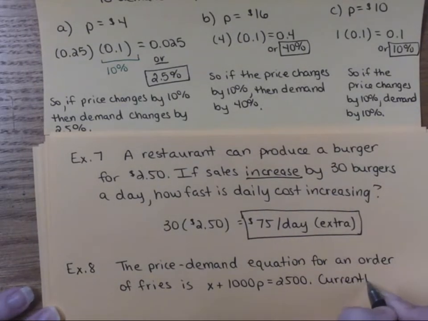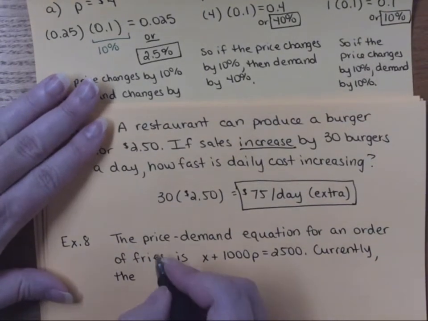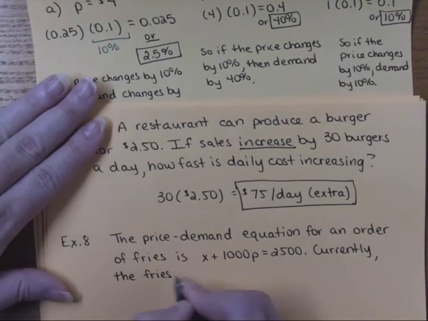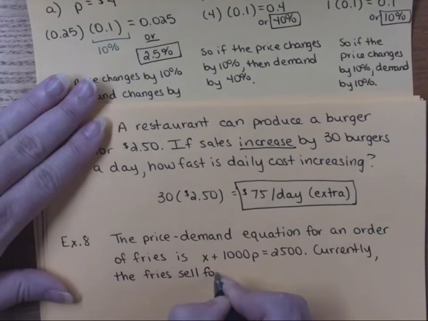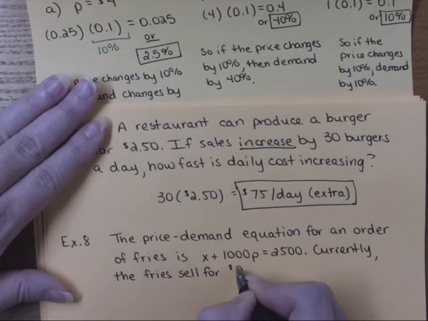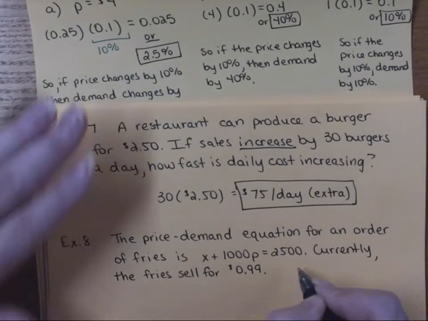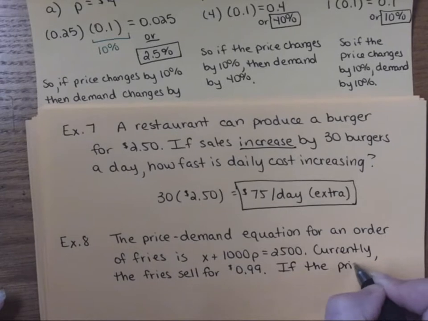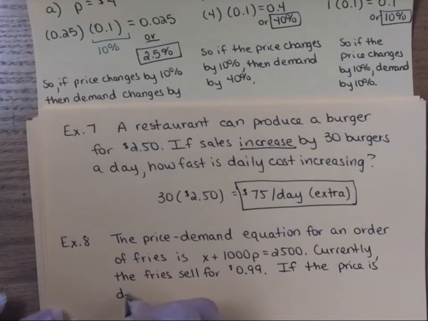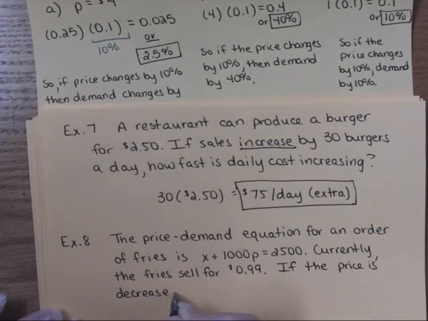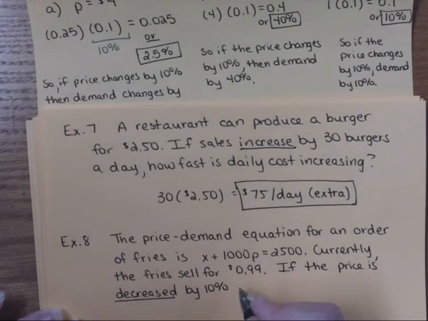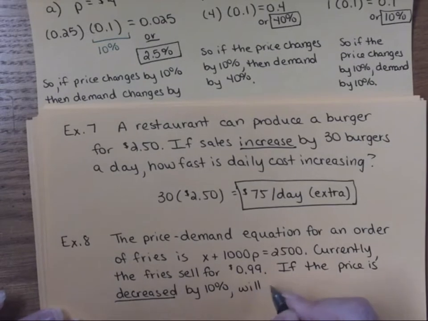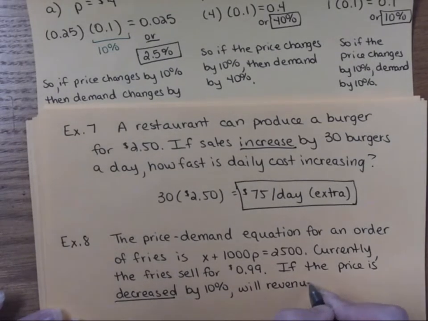And let's say that currently the fries sell for 99 cents. And so my question is, if the price is decreased, I'm going to underline that because we just did one where it increased, by 10%, will the revenue increase or decrease?